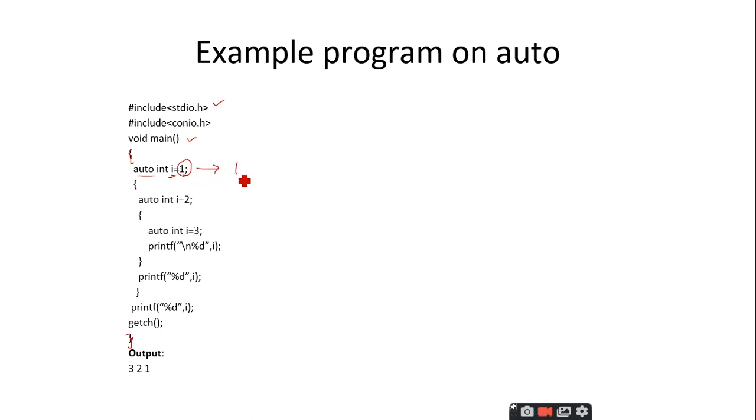At this point, memory will be allocated and it is given the name i. Let us take the base address as 100, and the initial value stored here is 1. If you don't specify this initialization, the initial value will be a garbage value, but you have specified it. So instead of garbage value, 1 will be stored here.